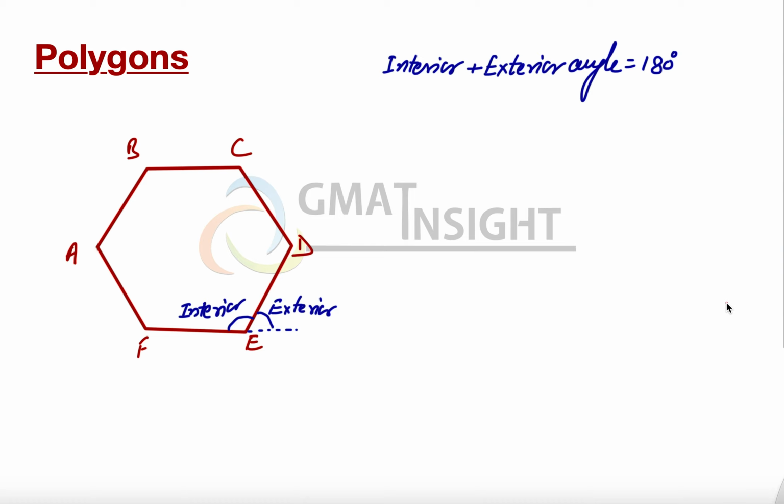Here I would also like to give a reminder that sometimes the question does not talk about interior or exterior. It simply says what is the angle measure of a polygon. Then what angle does the question expect from us, interior or exterior? Just look at it from this perspective. If somebody asks you what is the angle measure of a regular triangle, which means an equilateral triangle, we always answer 60 degrees.